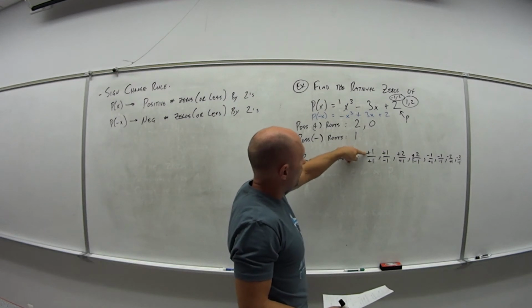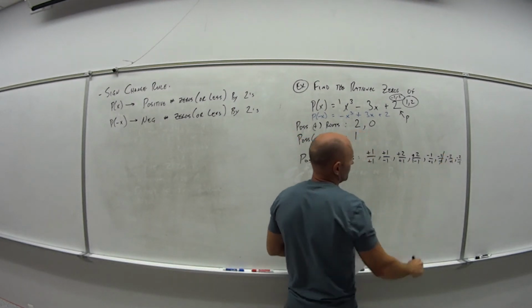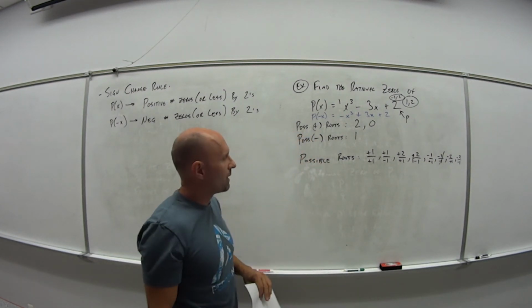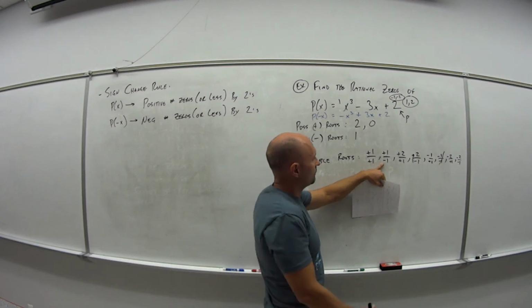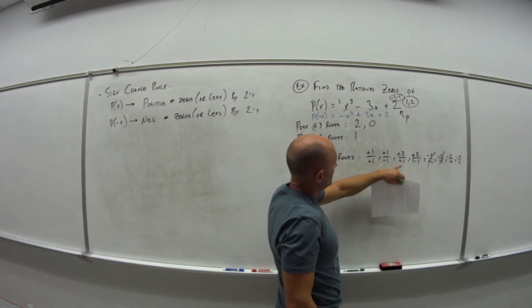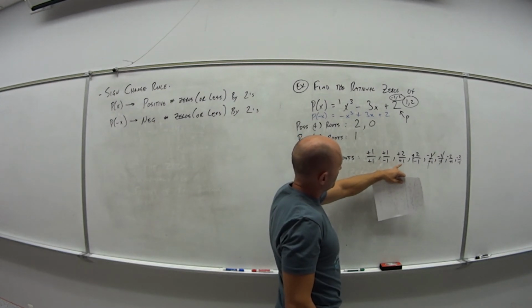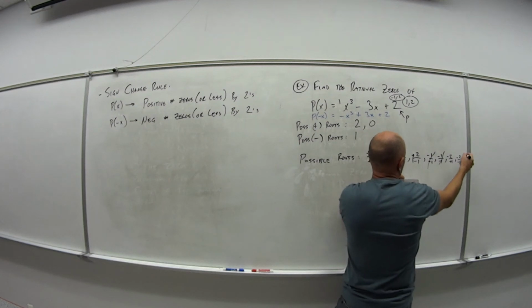1 over 1 is positive 1. That's the same as negative 1 divided by negative 1. So these pluses and minuses start canceling each other out. This is negative 1, same as this one. And this is plus 2, same as this other one.